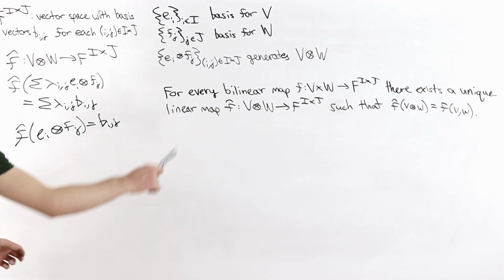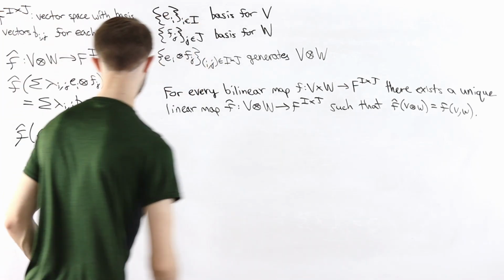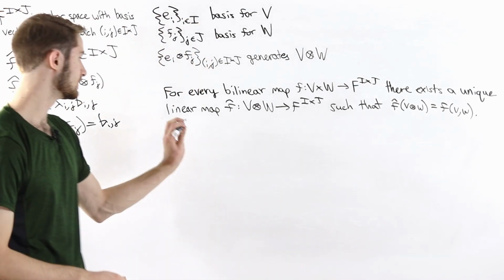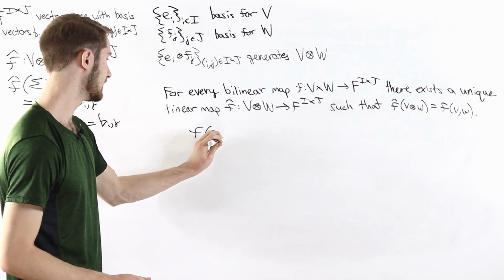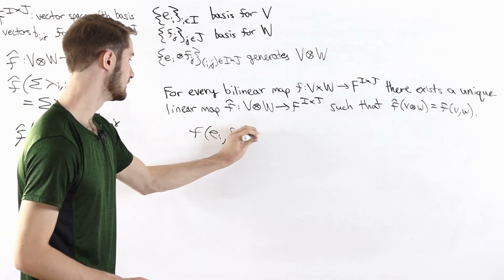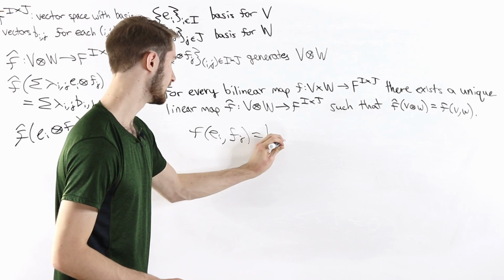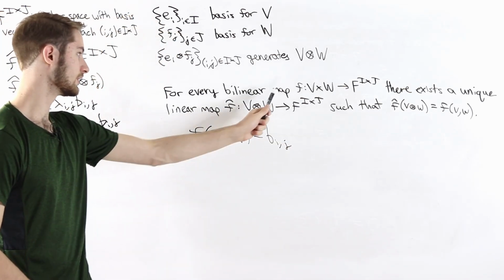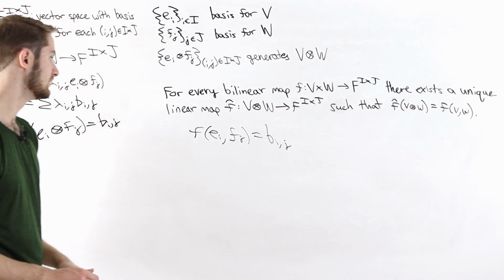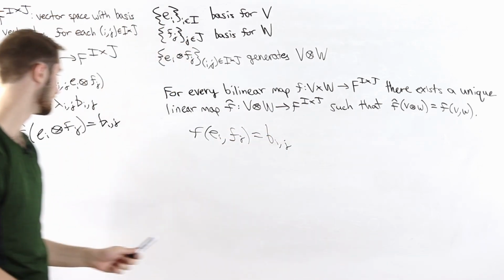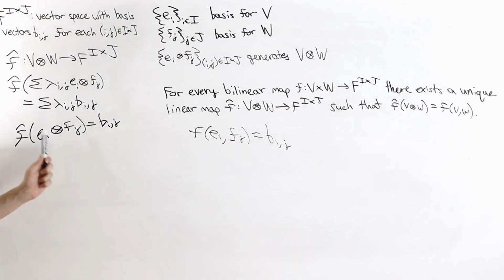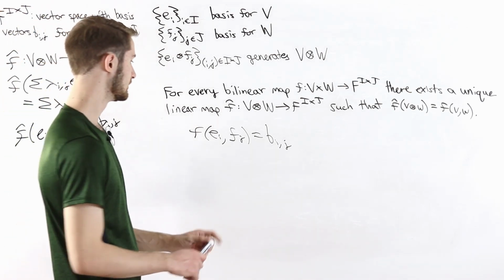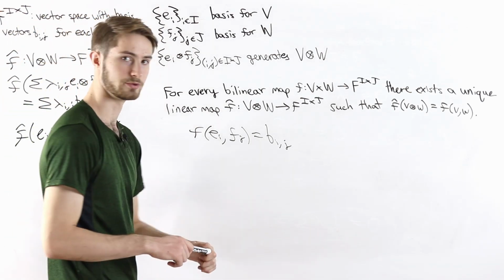And if we look at the equation over here in the universal property, what this tells us is that we want f of (ei, fj) to equal b sub i, j. So if this equation is true for our original bilinear map f, then the universal property tells us that this equation in f hat will also be true. So we have this first relation for f.